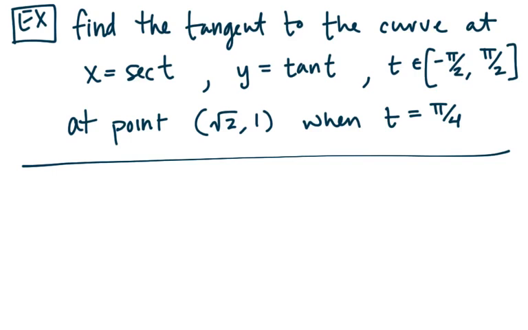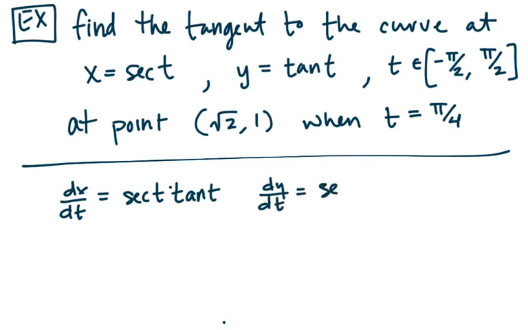So the first thing we would start with would be finding both the derivative of x and y with respect to t. And dx/dt, the derivative of secant, is secant times tangent. So we get secant t times tangent t. And the derivative of y, dy/dt, is secant squared t.